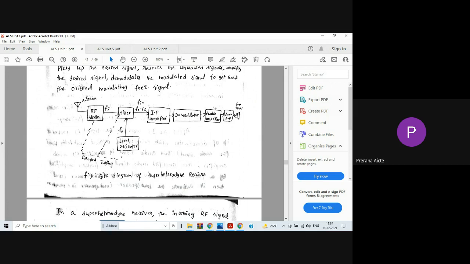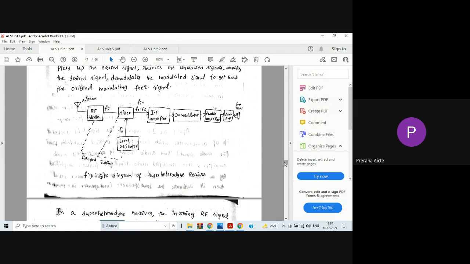To this mixer, one of the inputs is the incoming signal frequency, that is Fs, and the other signal is the local oscillator frequency F0. Here what is the condition? We need to maintain the intermediate frequency. For broadcasting of AM signal, the intermediate frequency is 535 hertz.